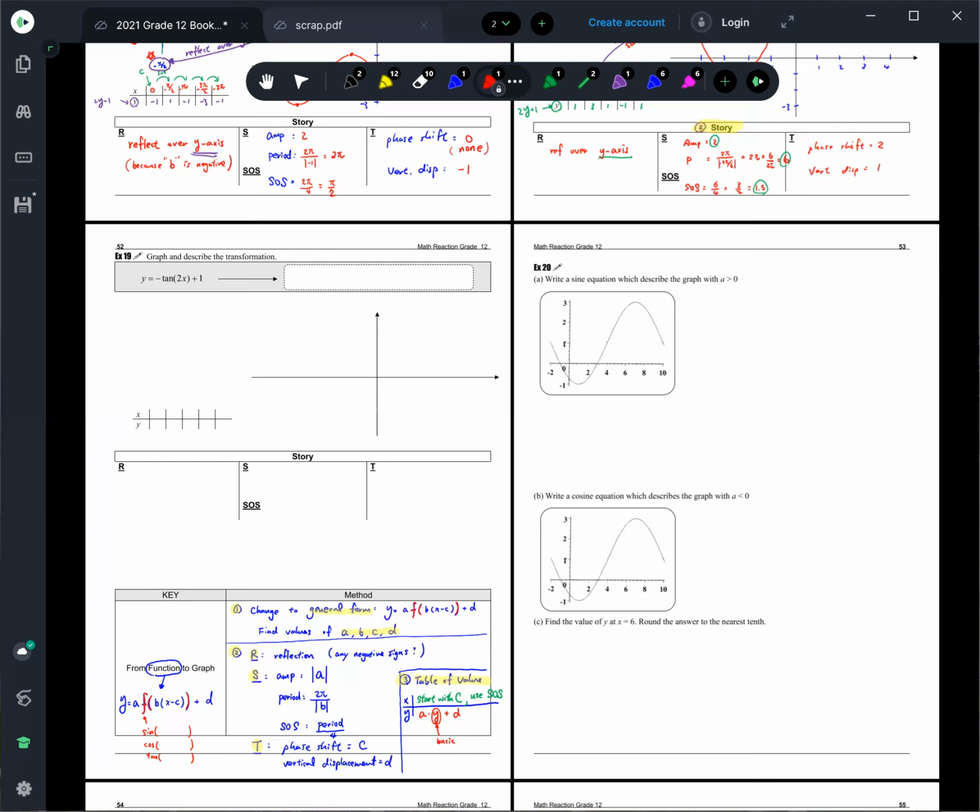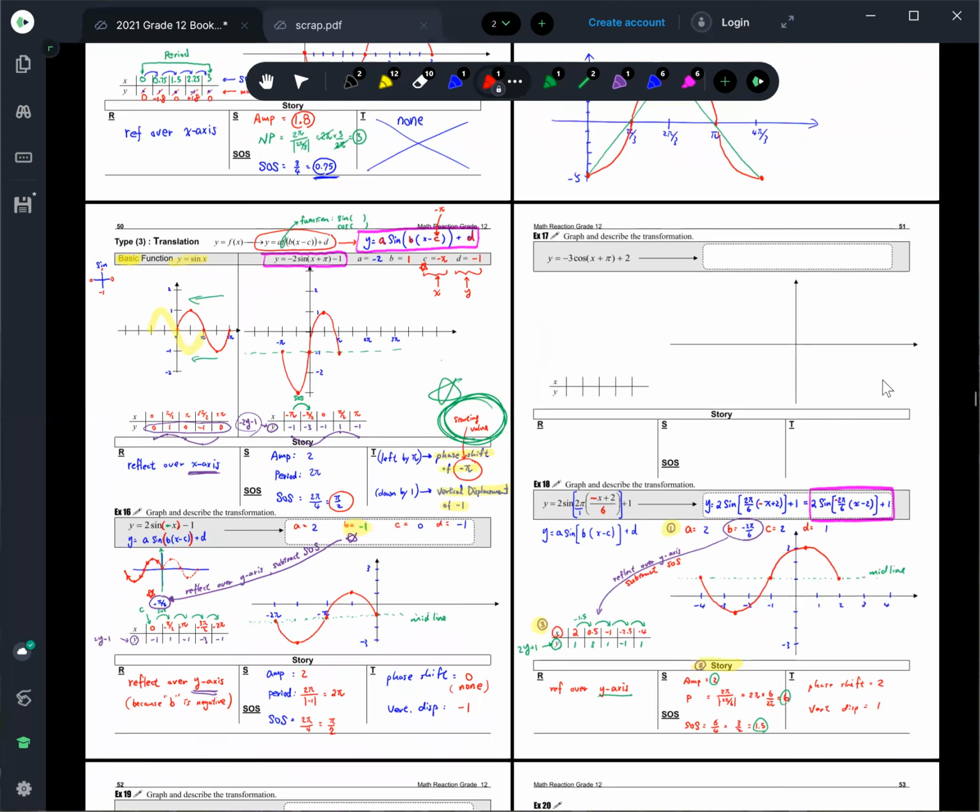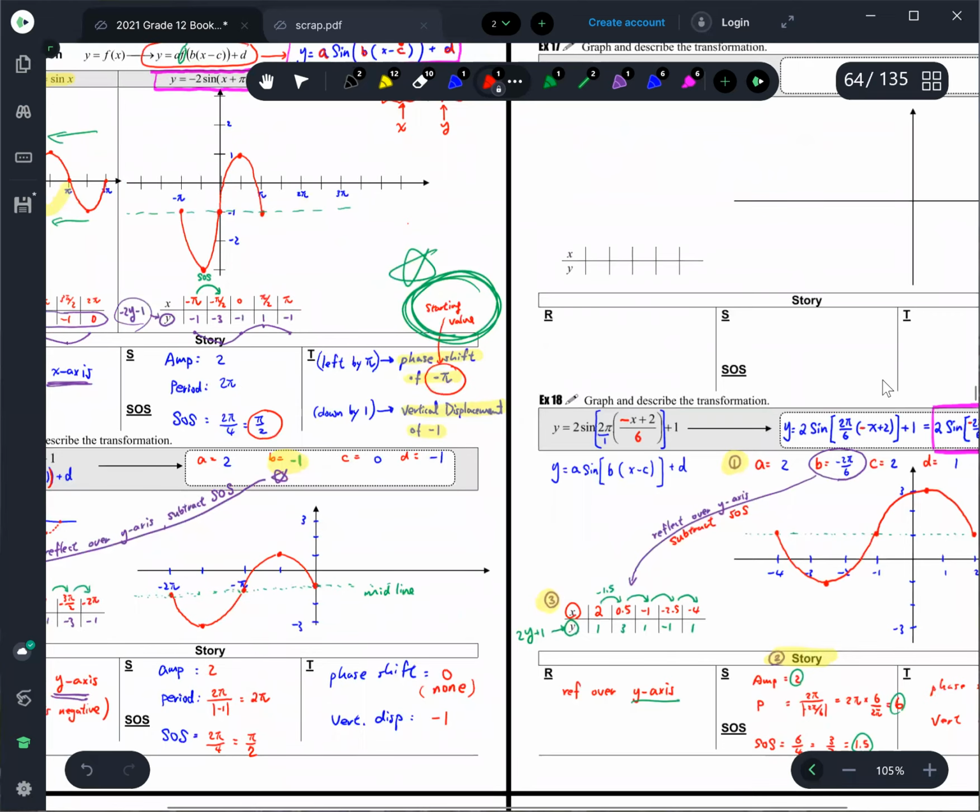So I think it's about time we start the new lesson. If you're still working on corrections, you can do that during the break. Just make sure you hand it in before the end of class today. So everyone, please turn to page 51. Look at page 51 first before we look at the new things.